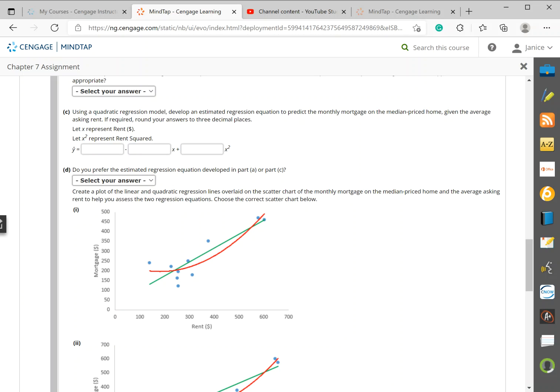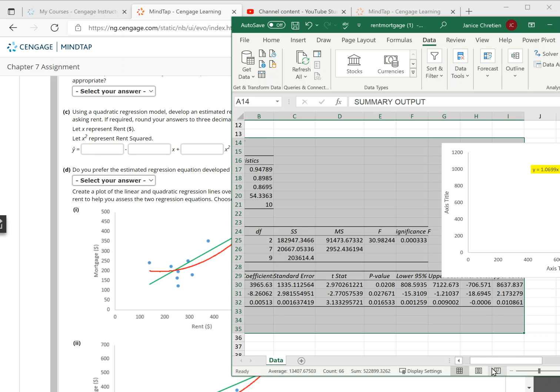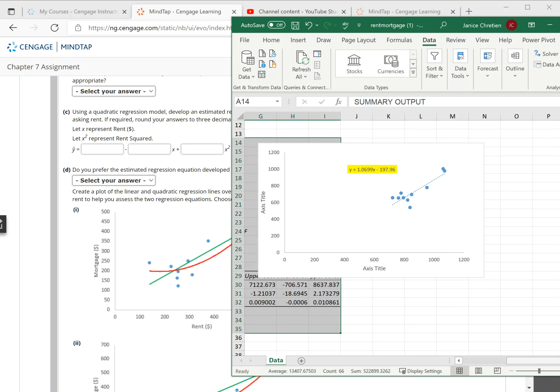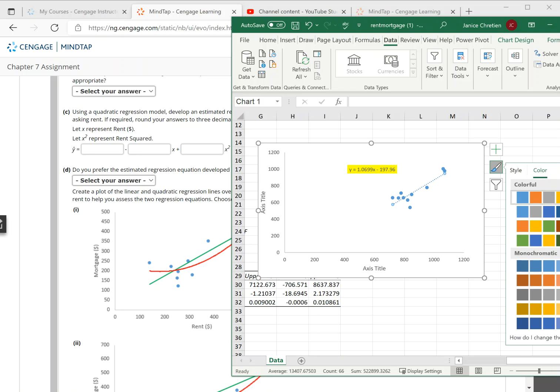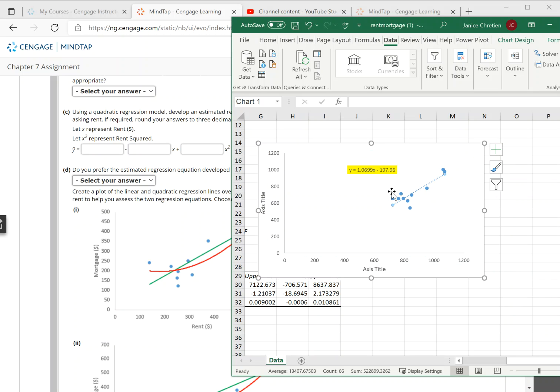quadratic equation lines. So to do that, we're going to come back to our plot, and we already have the linear regression line here. They just have theirs as green. And I know I can change these lines.